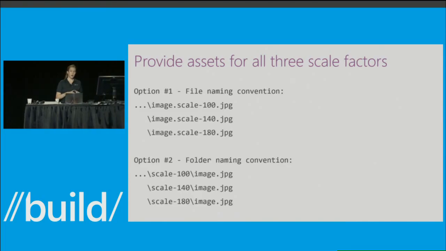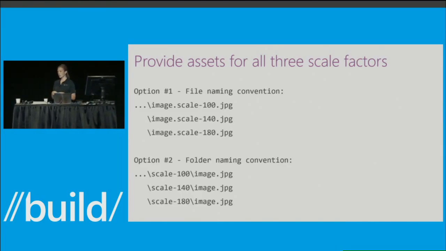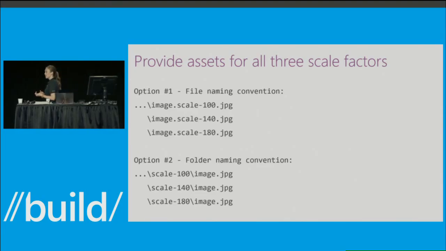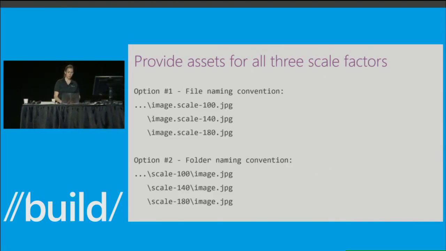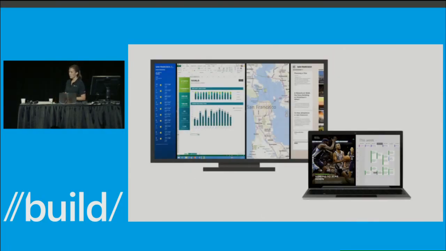Doing this right ensures that our resource loading technologies can load the right asset for your app at any time. And I say any time because we do support dynamically loading resources if the scale factor changes on you. And that can happen because of the multi-monitor support.